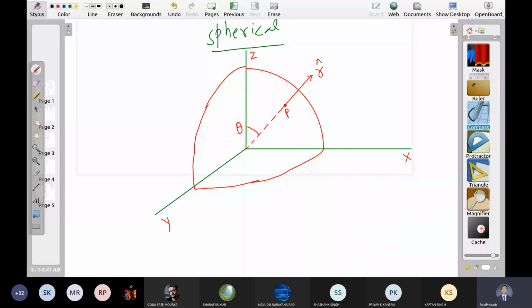Vector theta means go in a direction such that only theta changes and other coordinates do not change. So theta should change means you have to go on the surface of the sphere. When theta is 0, where do we reach? If we make theta 0, this point will reach the z axis. Let me draw the line for theta.